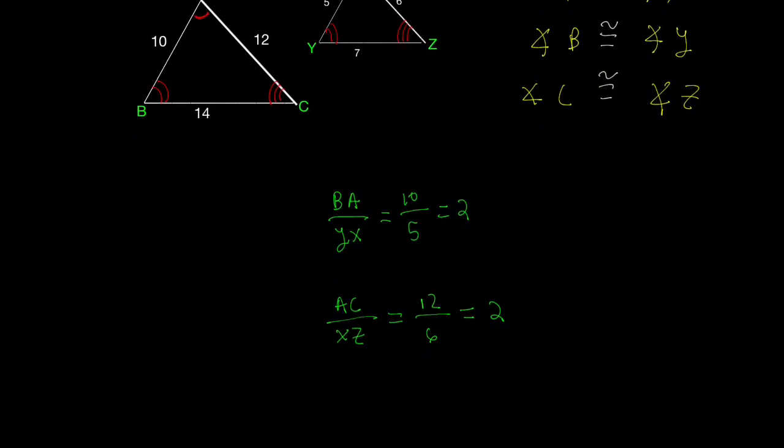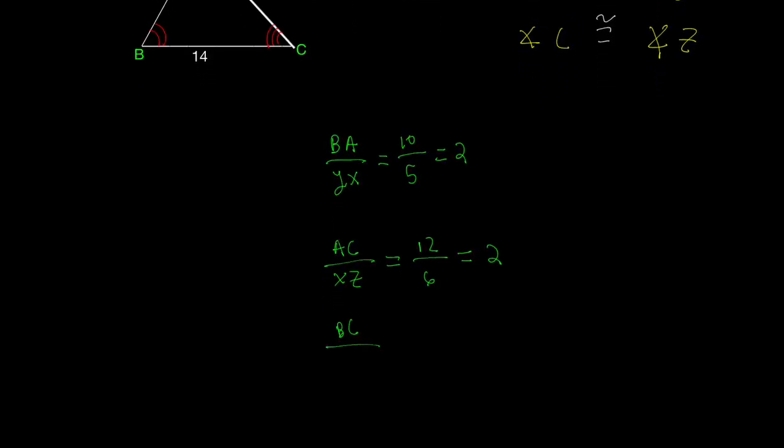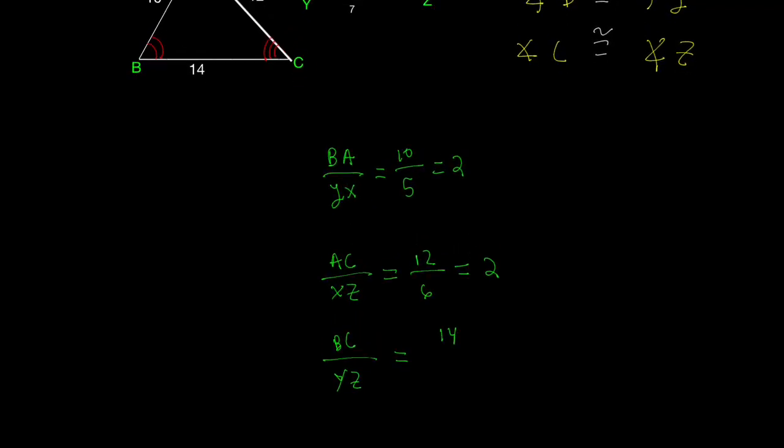We've got to test the last part here. Now we have BC, and that corresponds to YZ. So I'm going to get BC and divide that by YZ. And BC is 14, while YZ is 7. And 14 over 7 is 2.